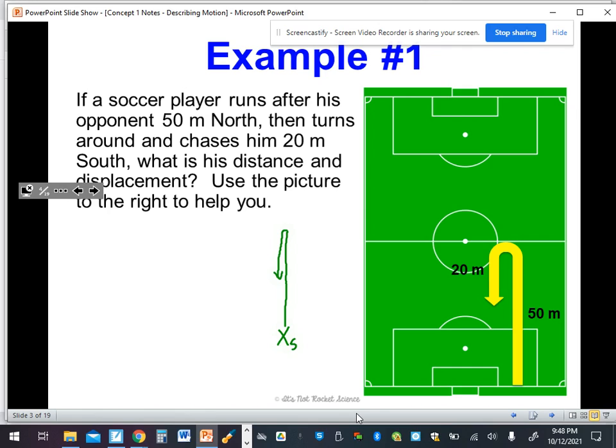Now, you'll notice that the drawing on the board is a little bit more exaggerated just so we can see it, but really you're coming back pretty much on the same line, okay? So I'm going to label this. So this was 50 meters north, and this was 20 meters south, it said I came back. And this is where I am ending, XE.